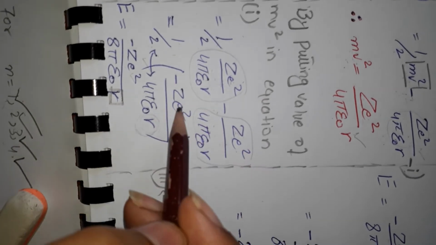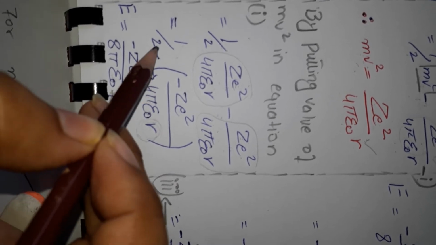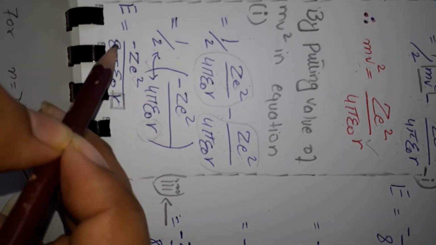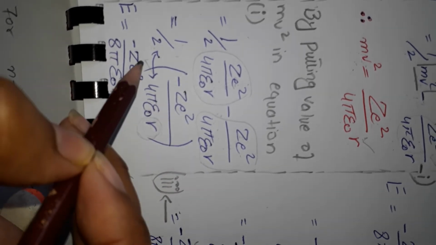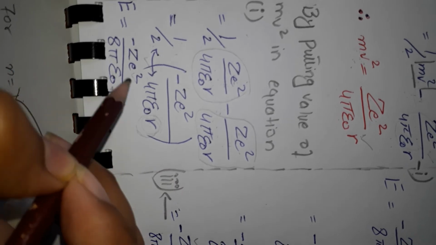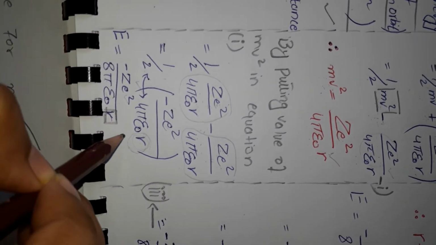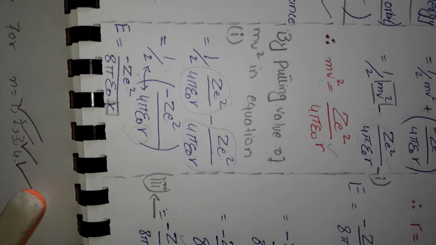So now our equation will become, by multiplying our 4 with 2, it will become equal to 8. So minus ZE square over 4 into 2, which is equal to 8. Others are the same, pi epsilon naught R. So till now we have calculated the energy.